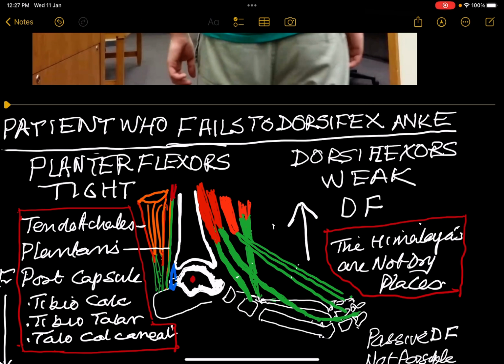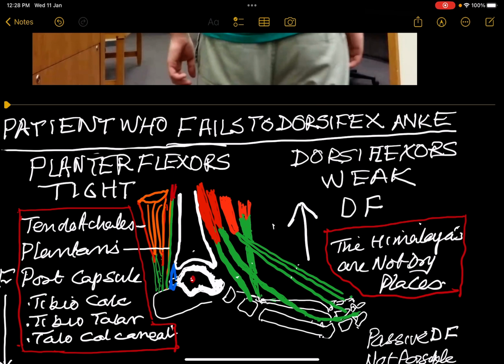These are the dorsiflexors. So if dorsiflexors are weak, the patient will not be able to dorsiflex the ankle, the tibio-talar joint. Then, if plantar flexors are tight or spastic, you will still not be able to dorsiflex.